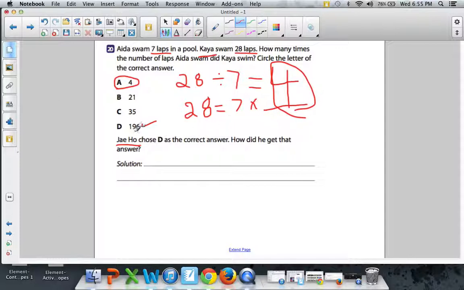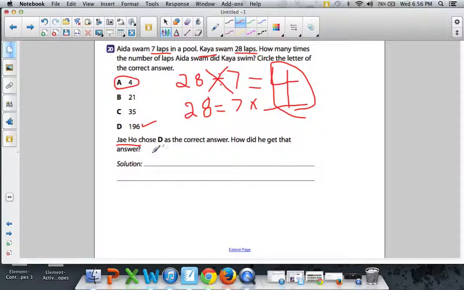This guy put 196. What did he do? We divided. 28 divided by 7 equals 4. You know what they probably did? They probably did 28 times 7. They didn't realize that they were asking for a backwards equation or a division problem.